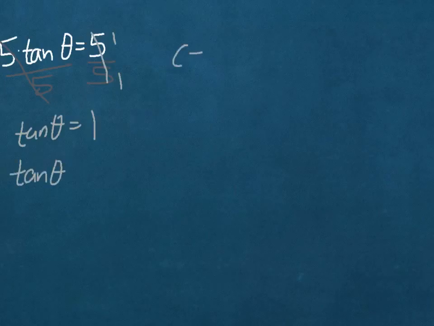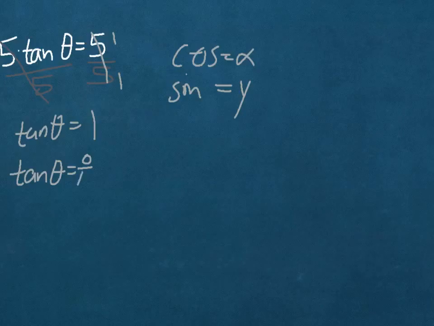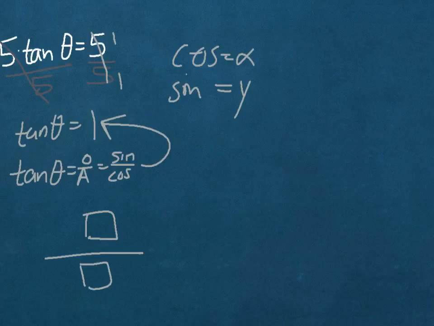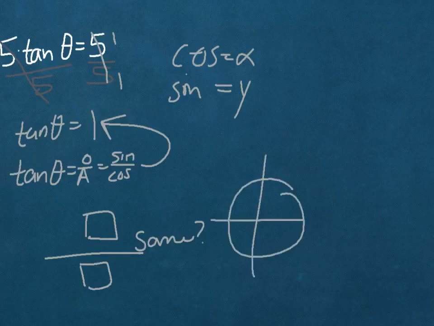We know cosine is x and sine is y, but tangent is opposite over adjacent, or sine over cosine. And if you get a proportion that's equal to 1, doesn't the top and the bottom have to be the same? What angle measure has both of them the same, crazies?